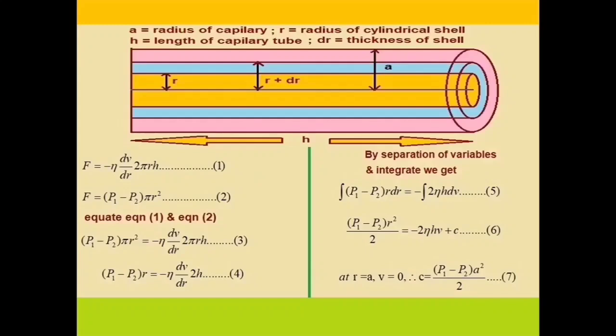Note this equation 3. Pi gets cancelled, one r and h get cancelled. So from this we get (P1 minus P2) into r is equal to minus eta into dv by dr into twice h. And this is equation 4.